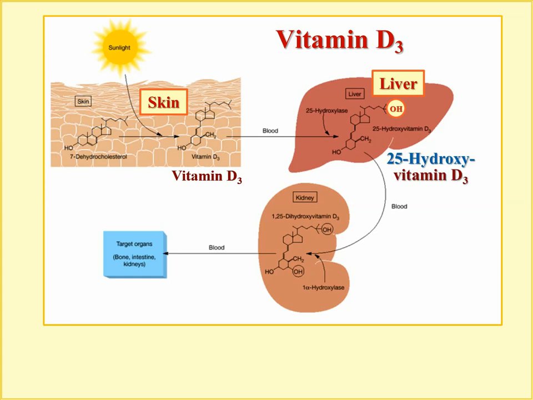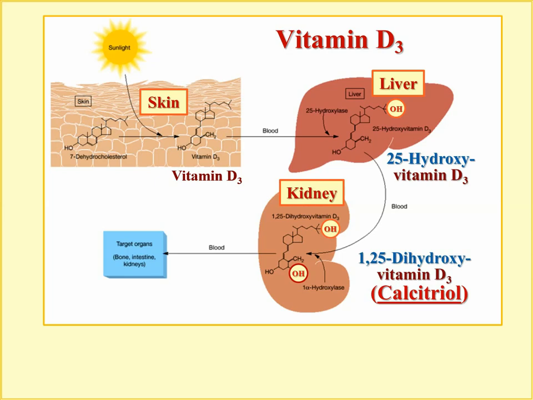And this 25-hydroxy vitamin D3 should be converted to the active form, which occurs, this last reaction occurs in kidney. In the 25th position, the OH group is already present, and one more is added in the first position, and then it becomes highly active 1,25-dihydroxy vitamin D3.